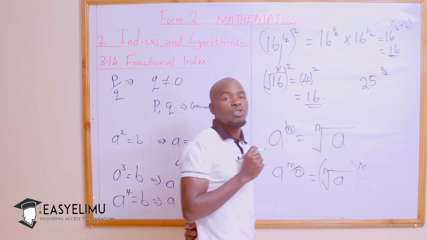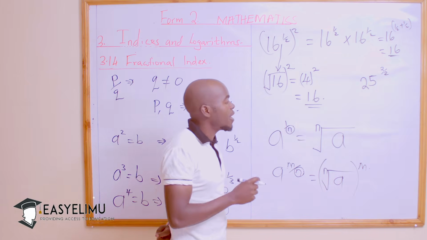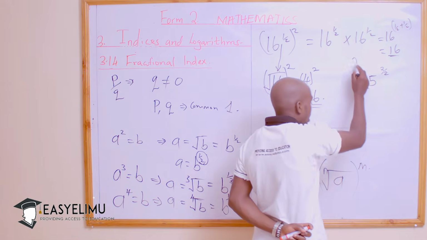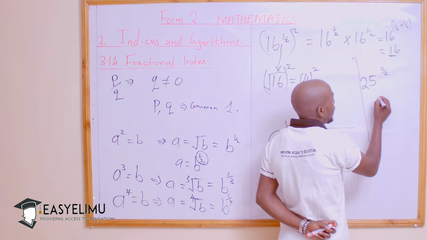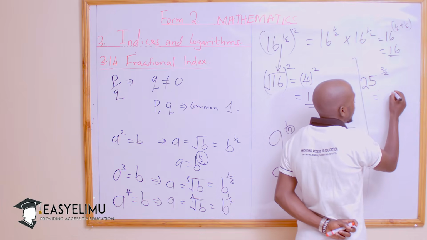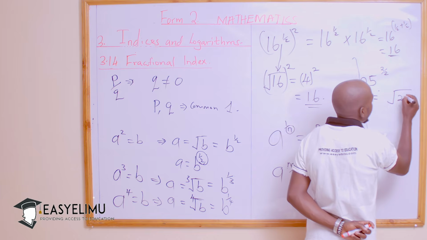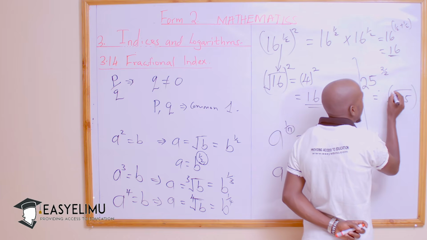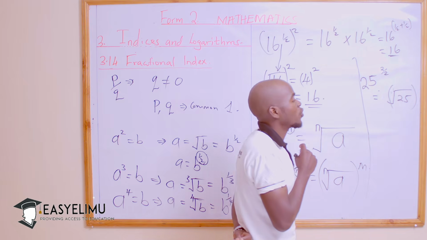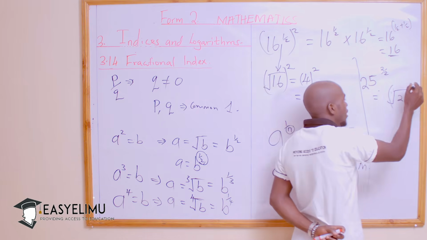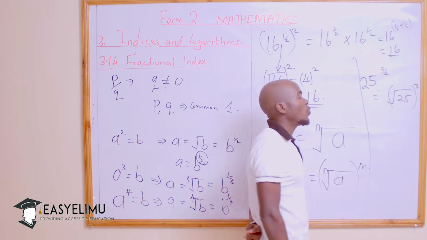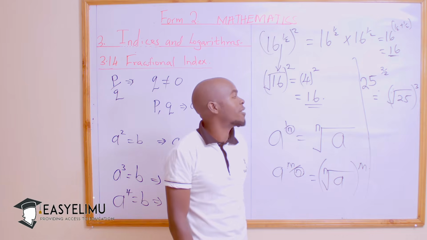So 25 raised to 3 over 2 is the same as rewriting that number in the form of the root sign of 25, and here we place 2, which can simply be the square root sign, and of all of it we shall find the cube of that value.